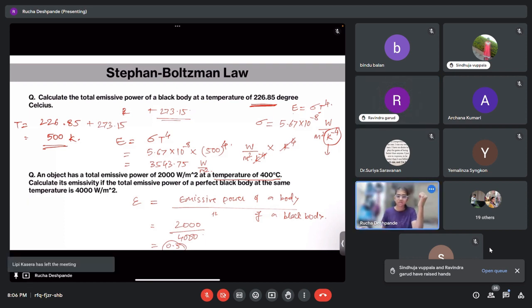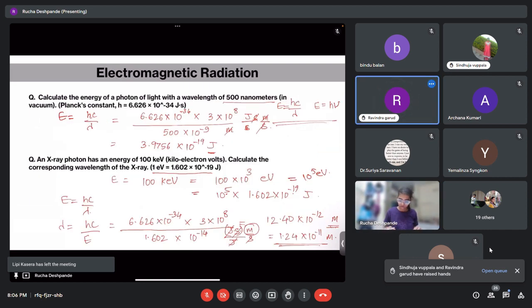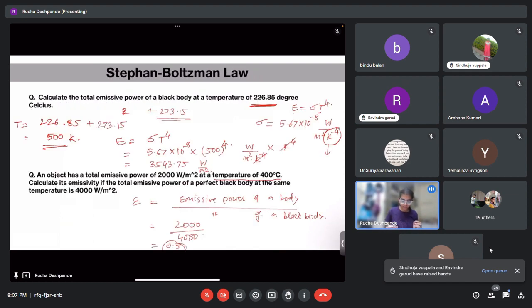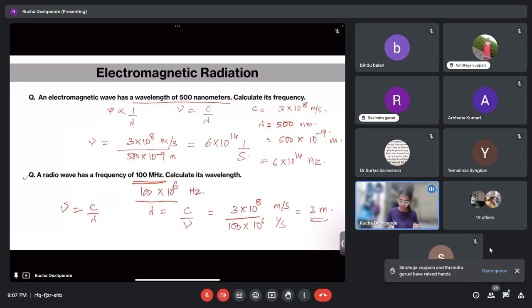Am I correct? See, I think you might be a little confused because of how we wrote it. So this BSQ, don't get confused because of the representation.